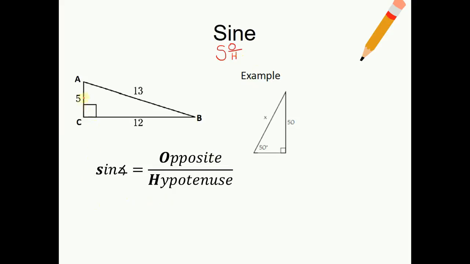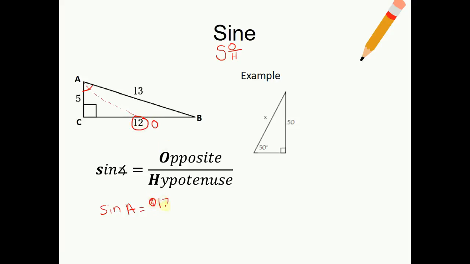Now let's figure out, based on an angle, what that ratio or fraction would be. Let's say I want to find the sine of angle A. Well, first of all, I need to find the opposite side, which means I have to run all the way across this triangle here. This would be my opposite side.